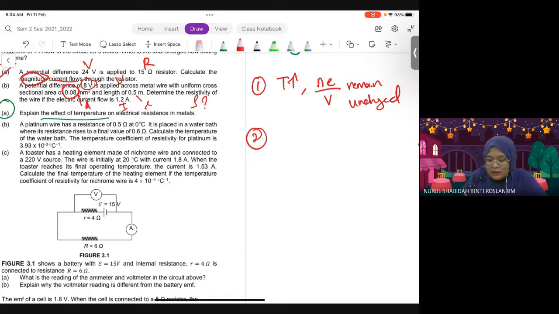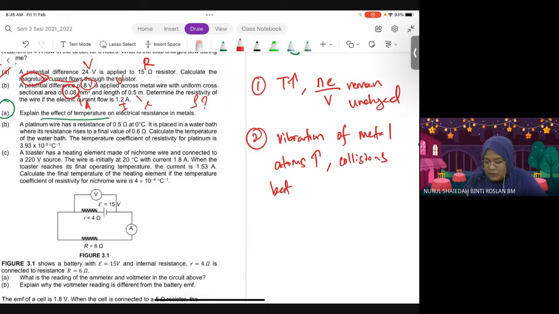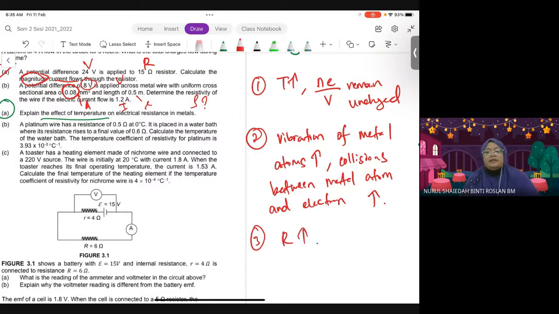Yang kedua, vibration of metal atoms increase. Hence, the collision between metal atom and electron increase. So that's why resistance akan increase.